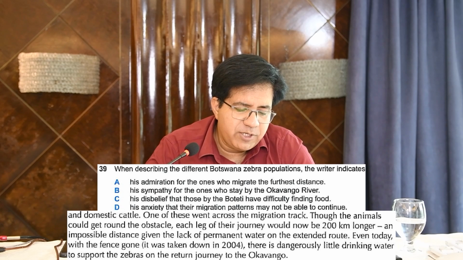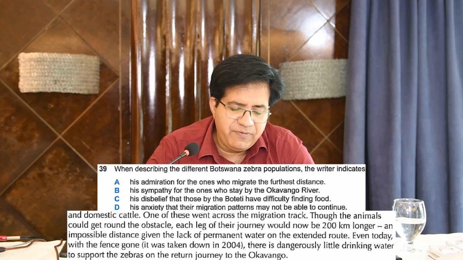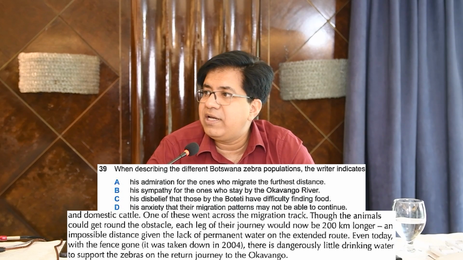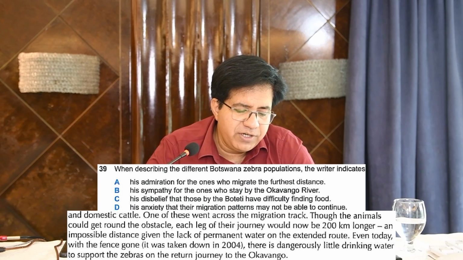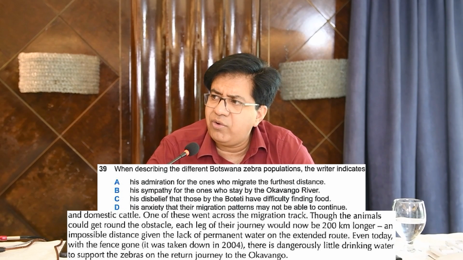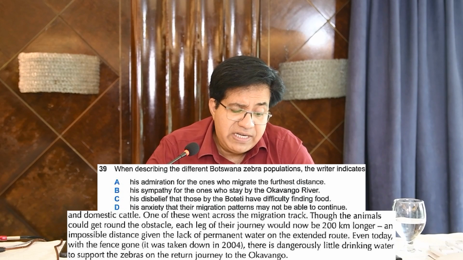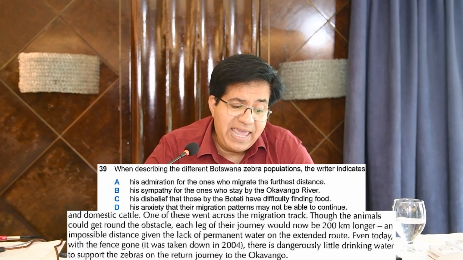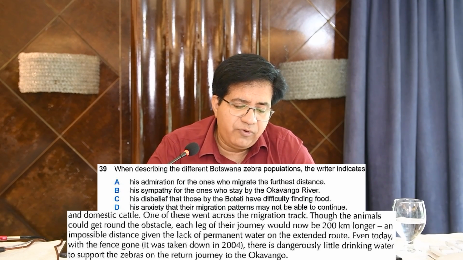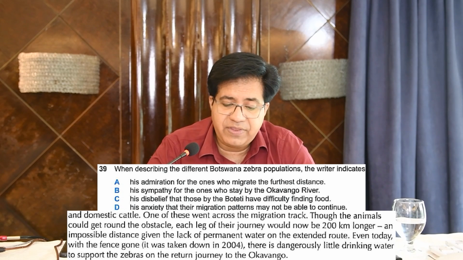No. Option C, disbelief that those by Boteti have difficulty finding food. They didn't talk about that. Option D, anxiety that their migration pattern may not be able to continue. No, it's not D. Correct answer is A. Admiration for the ones who migrate the furthest distance.